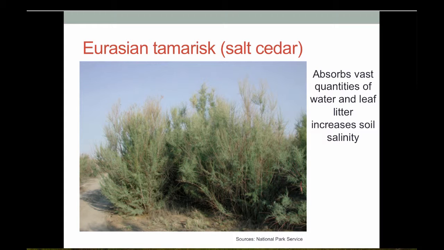And so this tamarisk, which is native to Eurasia, absorbs vast quantities of groundwater, right? And we're dealing with, in the southwestern United States, an arid environment to start with.